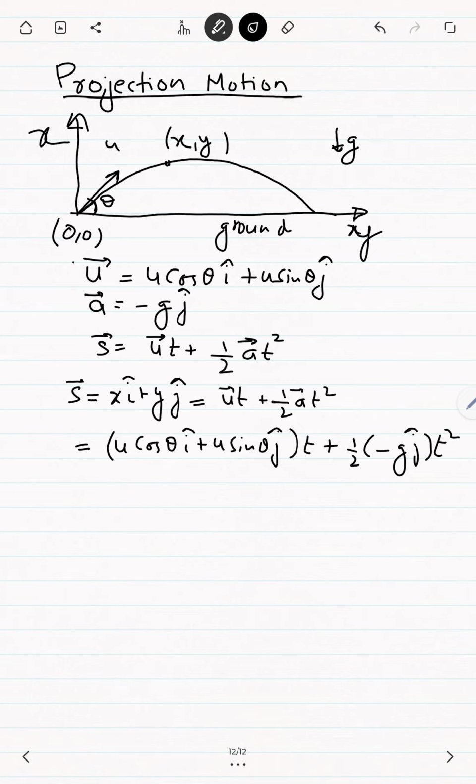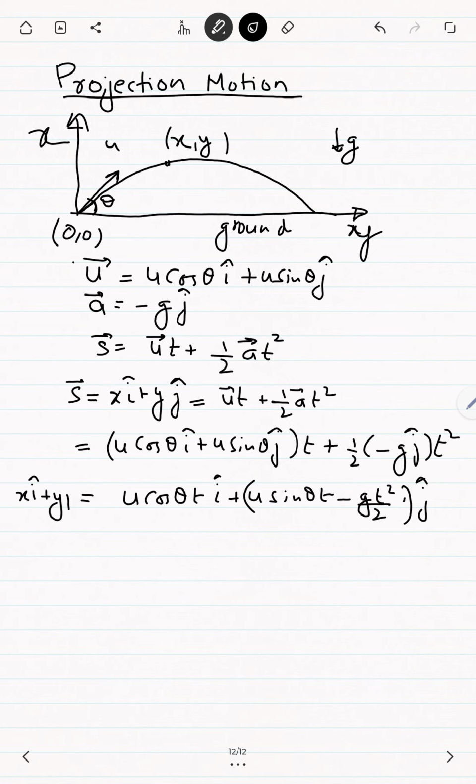Now this thing is equal to u cos theta t into i cap plus u sin theta t plus minus g t square by 2 whole j cap. This one is our x i cap plus y j cap.